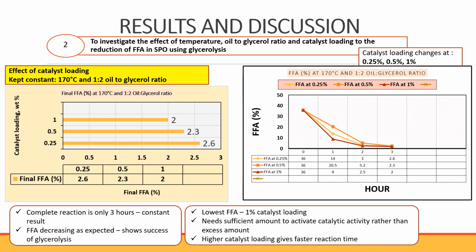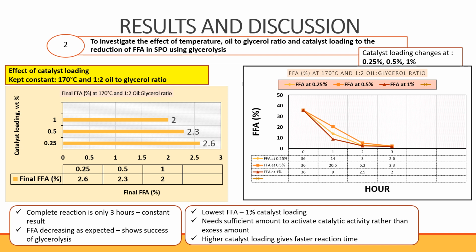So for the result of the second objective, basically I take this parameter, which is 170 degrees C and a 1 to 2 oil-to-glycerol ratio. So we can see here the different catalyst loadings at 0.25, 0.5, and 1%.